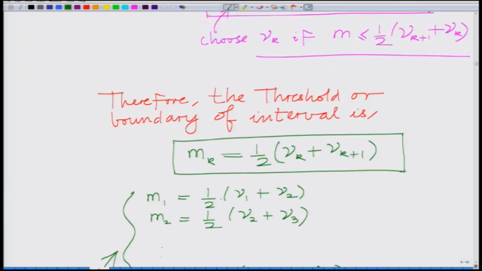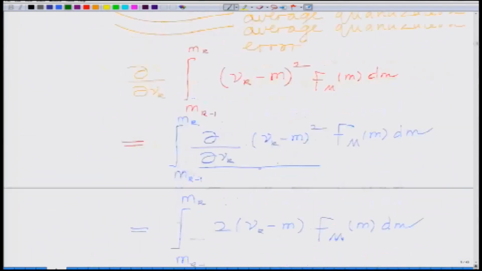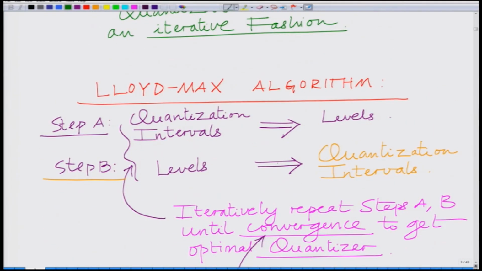If you go all the way back and look at our Lloyd Max quantizer design, you will recall this is step B. Step A is, given the quantization intervals, to determine the levels, which is what we have done earlier. The levels can be determined as the center of gravity of each interval, treating the probability density function of the sample m as the distribution of the mass.